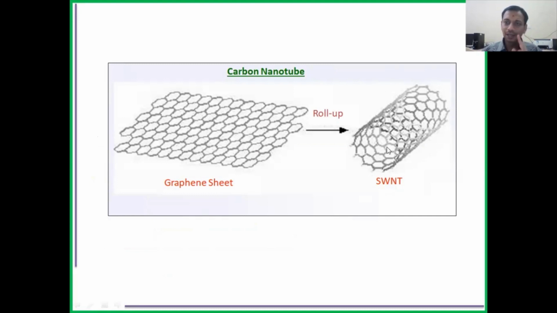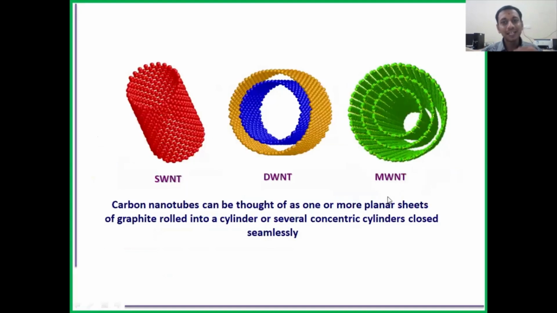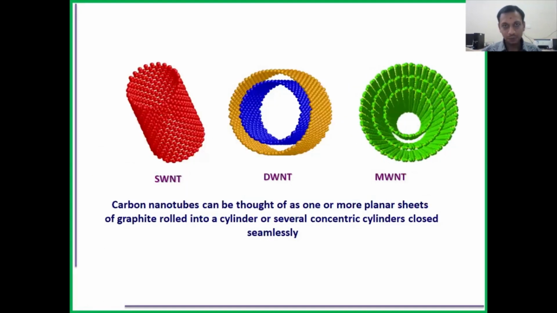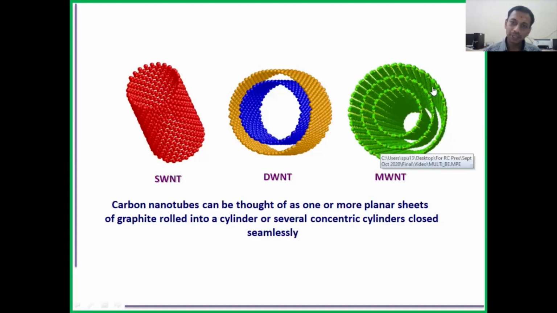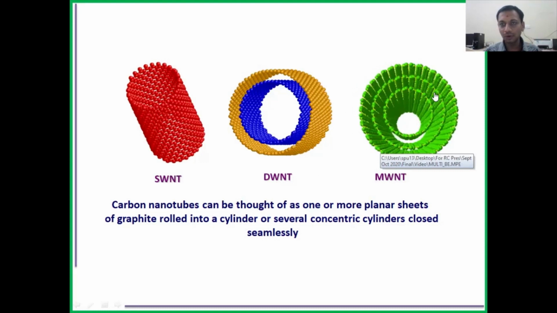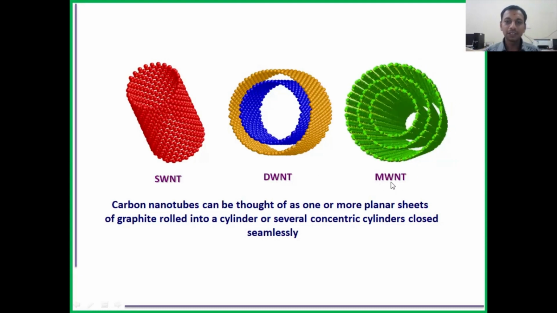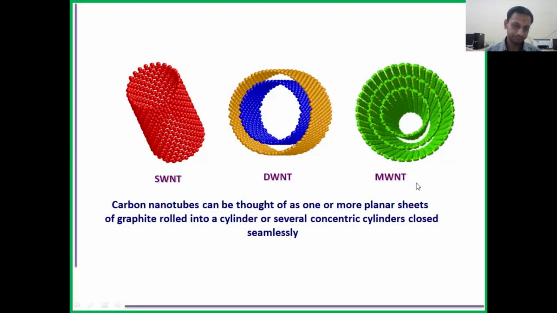This is a single wall, that's why it's known as a single wall nanotube. If the wall is increasing, if two walls, then it is a double wall nanotube. If it is more than 3 or 4 or 5 walls or multiple, then it's a multi-wall nanotube.